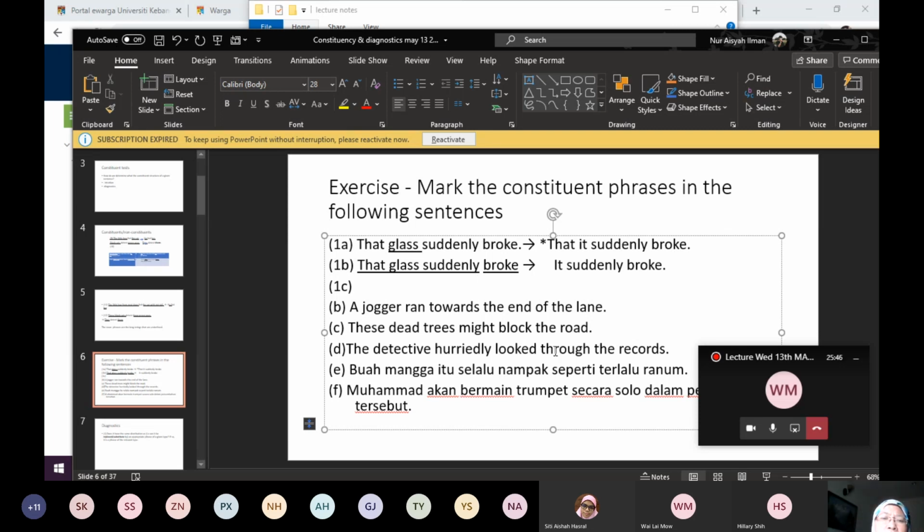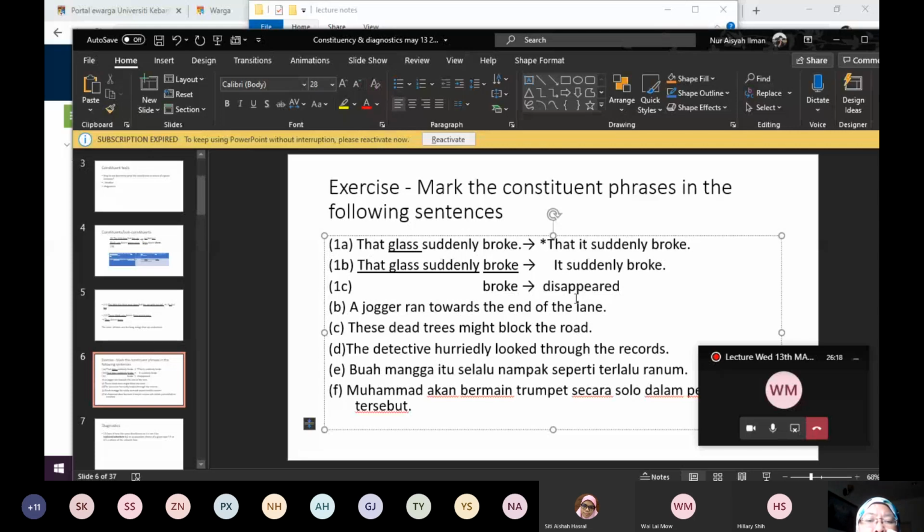That glass suddenly disappeared, let's say. So we say broke, and then we change that to disappear, and the sentence is still grammatical. So that means broke is a constituent because it can be replaced by another verb.